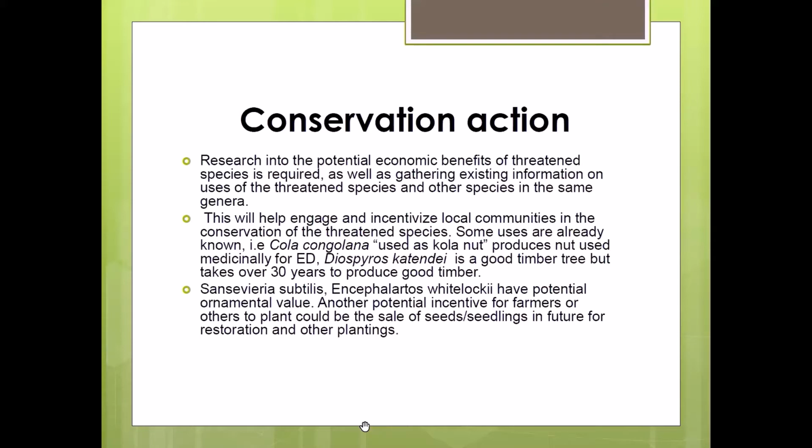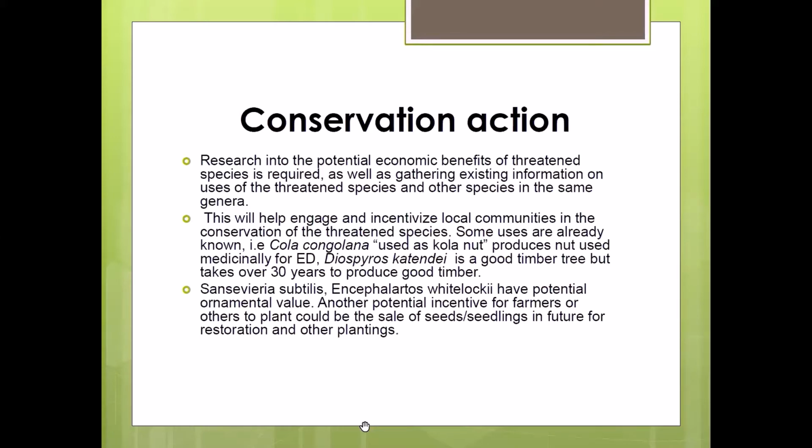For Cola congolana, mostly you've heard of the West African cola nut. It produces a nut that is used medicinally for erectile dysfunction. Diospyros catendei is a good timber tree that takes over 30 years to produce good timber.